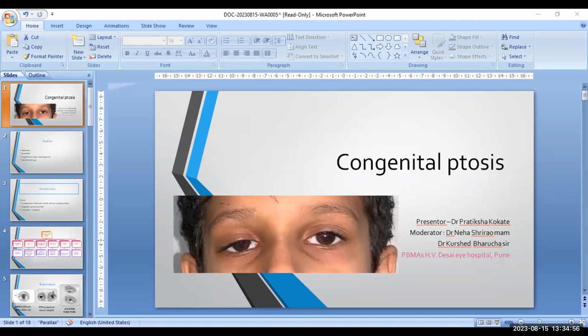There is an icon at the bottom which will show you slideshow. Click on that.